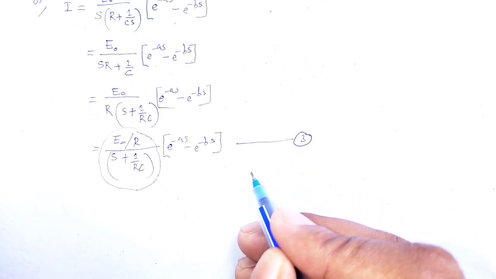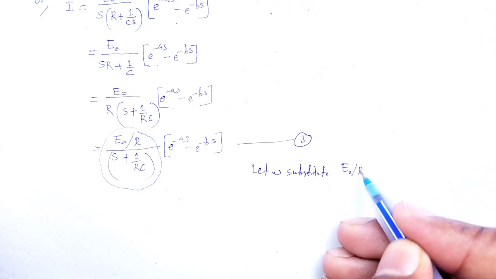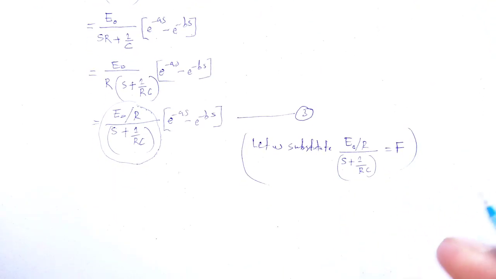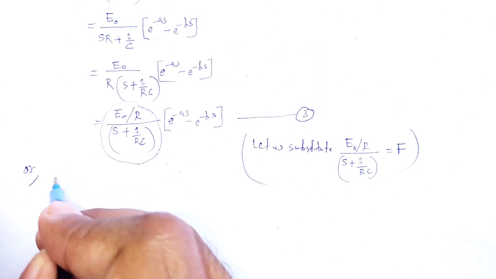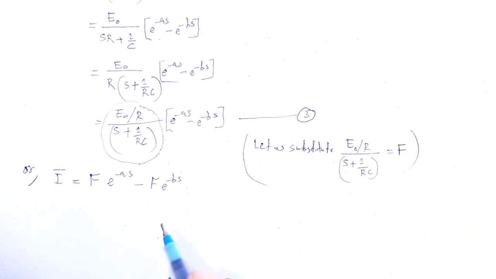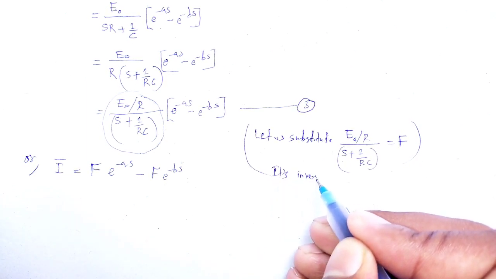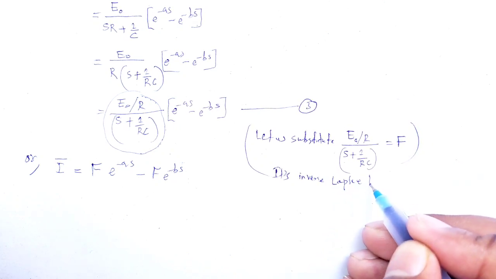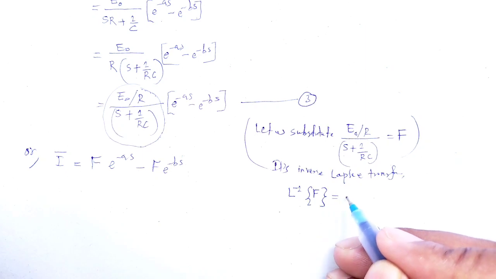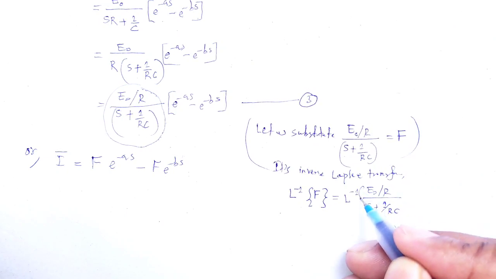For that term, let us substitute E naught by R divided by s plus 1 by RC is equal to F. Therefore, we have I bar is equal to F whole into e to the power minus as minus F whole into e to the power minus bs, and its inverse Laplace transform of F is equal to inverse Laplace transform of E naught by R divided by s plus 1 divided by RC.